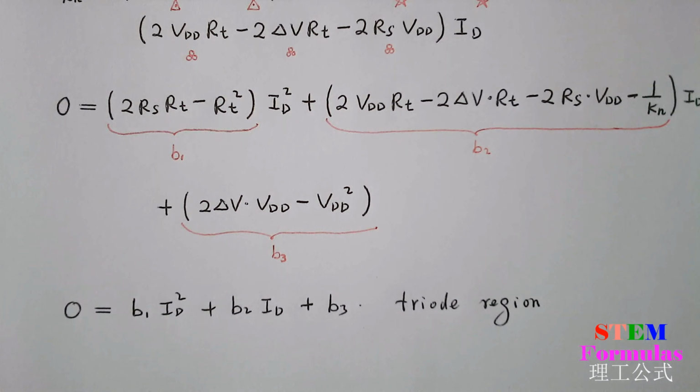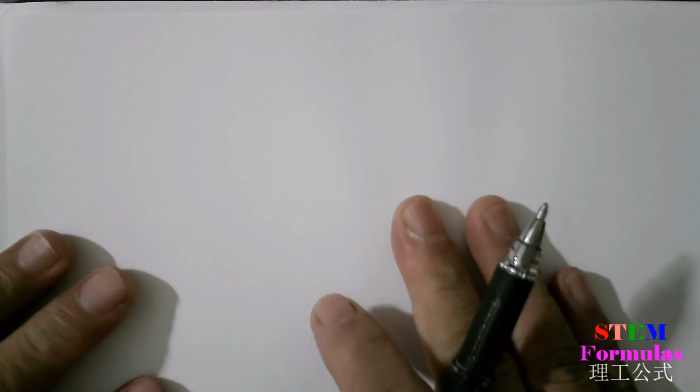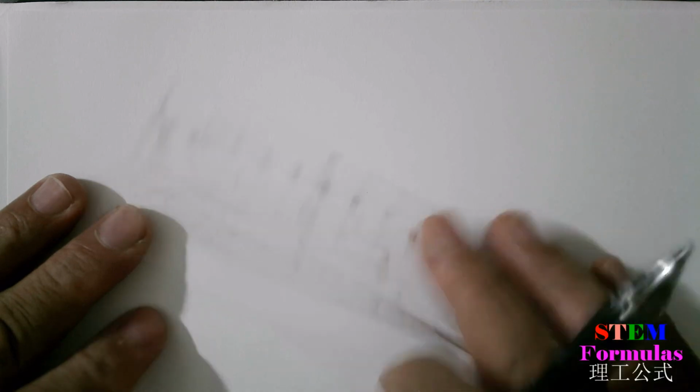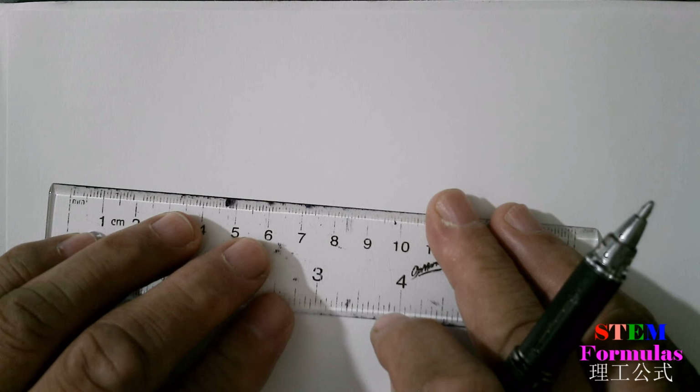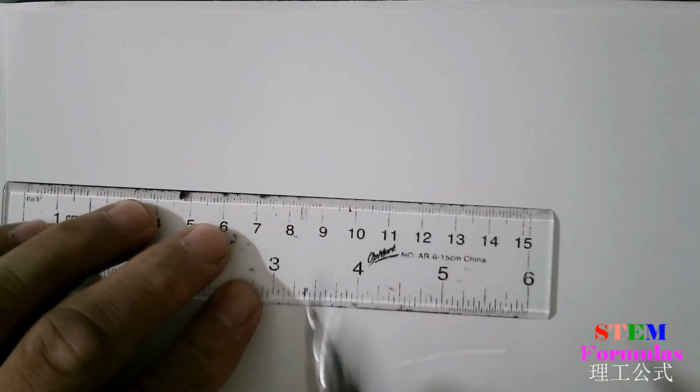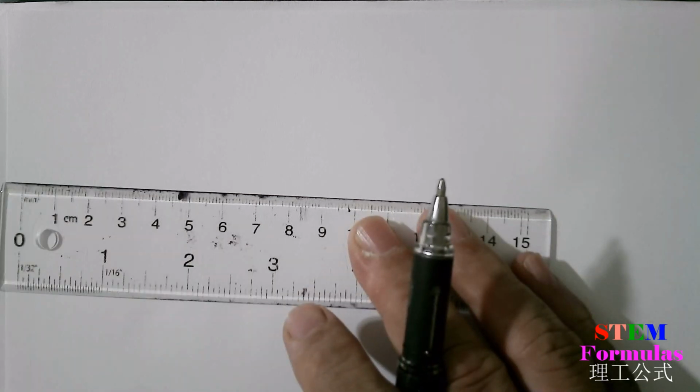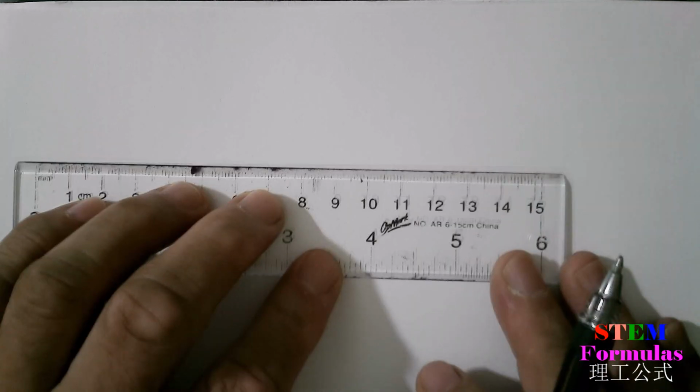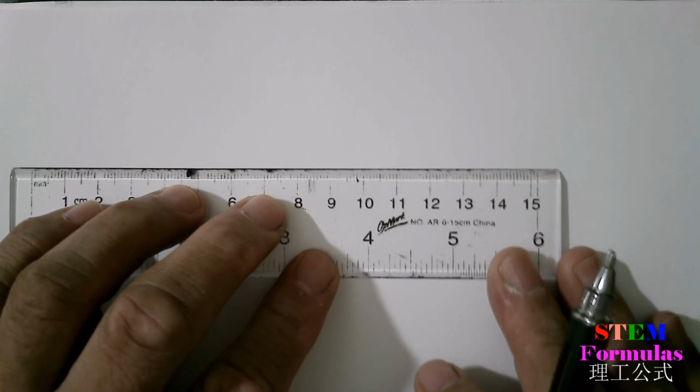Now I have to solve the problem for the VG value for determining when the MOSFET is in triode region, when it is in saturation region, and when it is in cutoff region. So I draw this curve. First, I draw a horizontal axis.